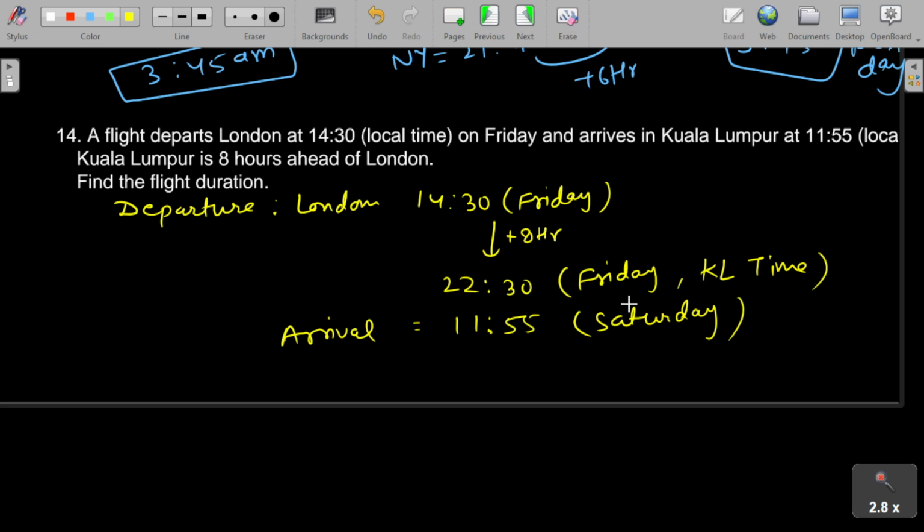So we have to calculate the duration. So the total duration is, so we have to start from this time, 22 hours 30 minutes, and we have to start on Friday, and we have to reach 11:55 on Saturday.